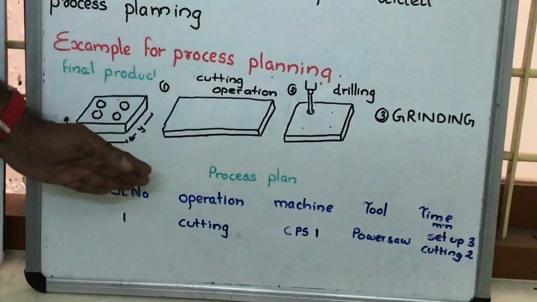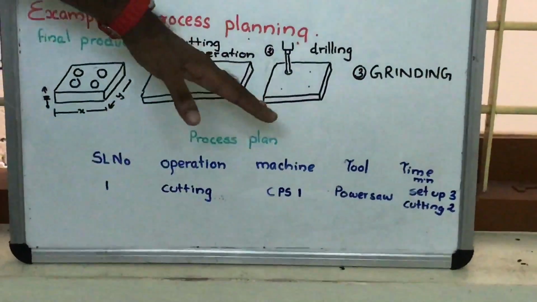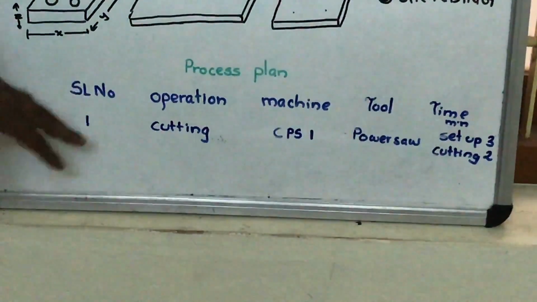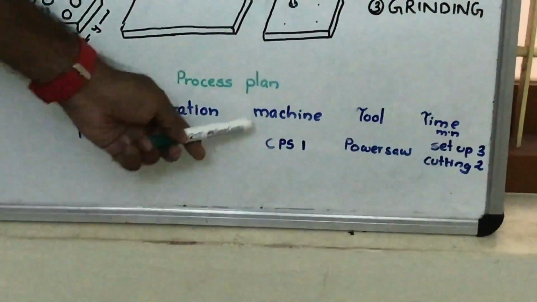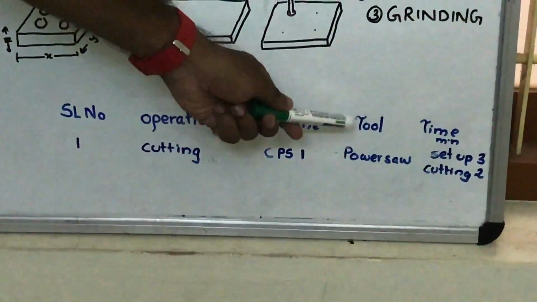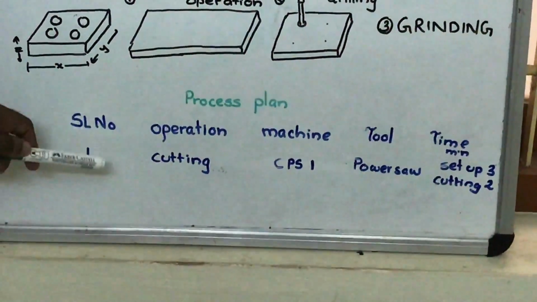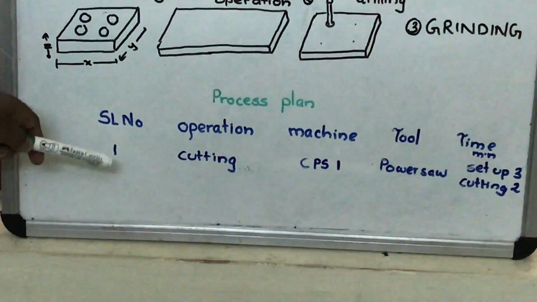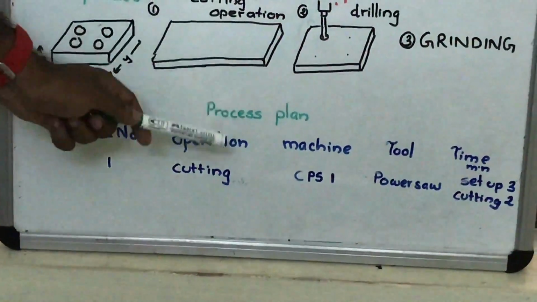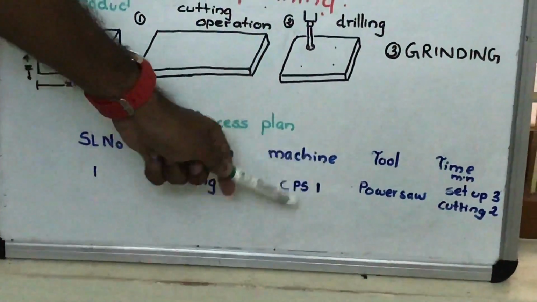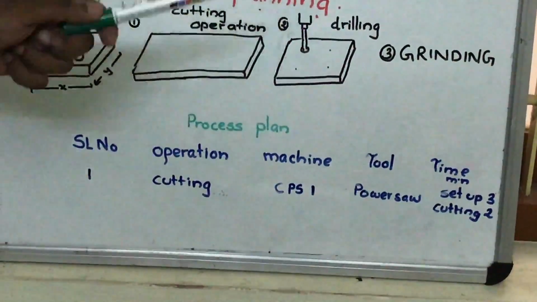Now I will give an example of how a process plan looks. There will be a serial number, the type of operation we are performing, the machine we want to use, the tool, and the time required. Suppose we take the process operation with serial number 1. The process is cutting, and we will be using a hacksaw machine.